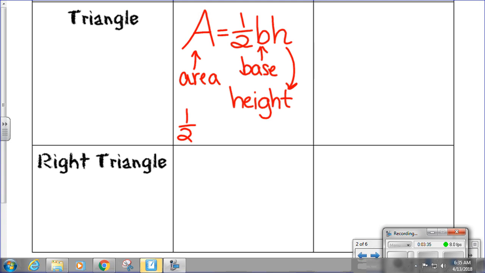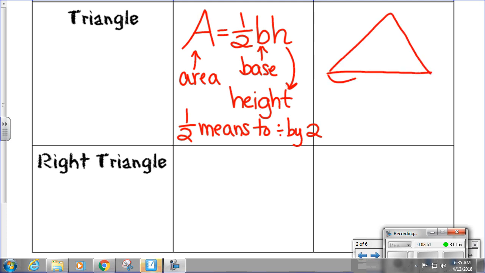When we read 1/2, it really means to divide by 2. So you'll multiply first and divide by 2. Picture of a triangle with labels. Here's my base. Again, the height forms a 90-degree or perpendicular line to the base, and it's labeled with an H.